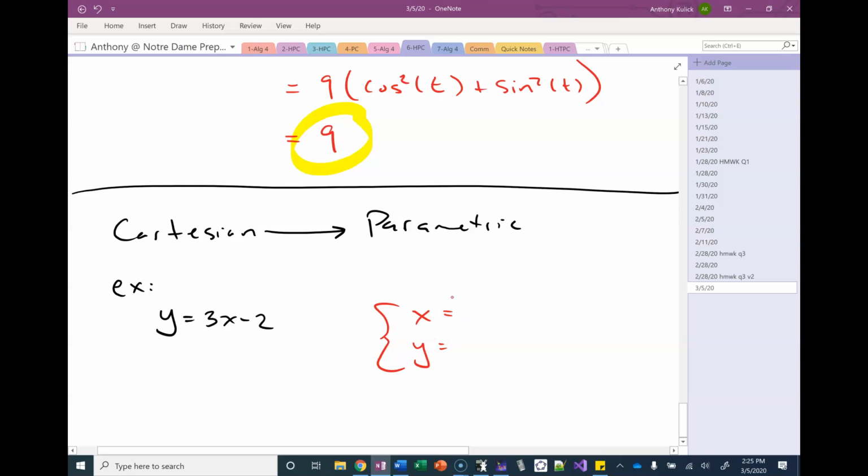Yes, of course. So we're going to write this as a parametric equation. The easiest way to do this is we're just going to set x equal to t. We're going to make that our first parametric equation. If x is equal to t, what does y equal? 3t minus 2. Everybody's okay with that? Great. So then what is the interval for our parameter going to be?